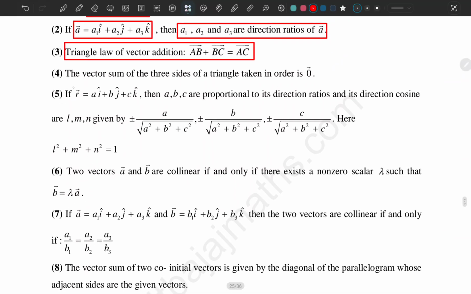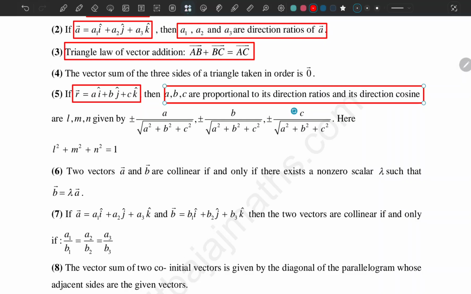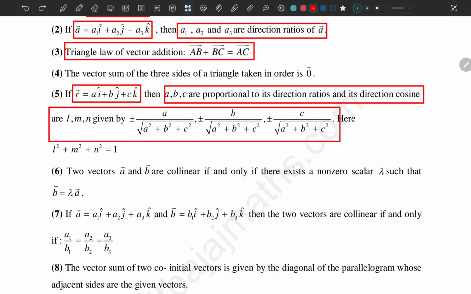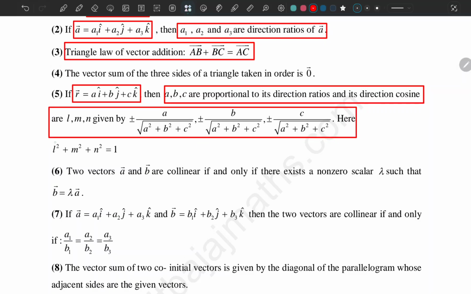Okay. If r equals a i cap plus b j cap plus c k cap, then a, b, c are proportional to its direction ratios, and its direction cosines are l, m, n given by. So basically, I hope you understand that a, b, and c are the direction ratios of the respective unit vectors, right?